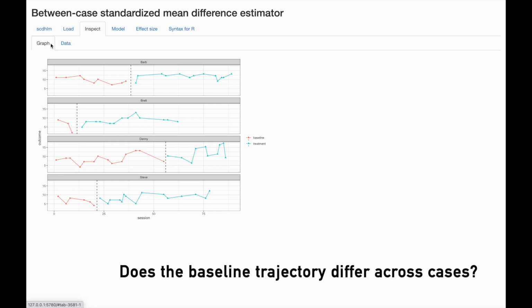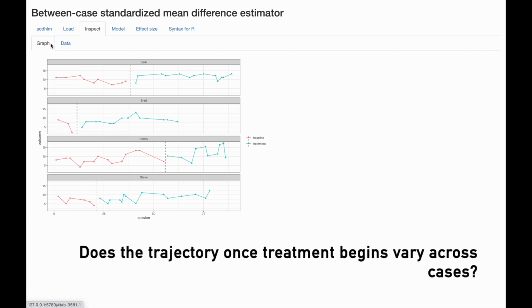We should also consider whether the baseline trajectory, meaning the level and slope, differs across cases within the study, or if either the level or the slope appears to be constant across all cases. Similarly, we will also want to consider whether the trajectory once treatment begins, meaning the change in level and change in slope at the start of the intervention phase, vary or are constant across cases.